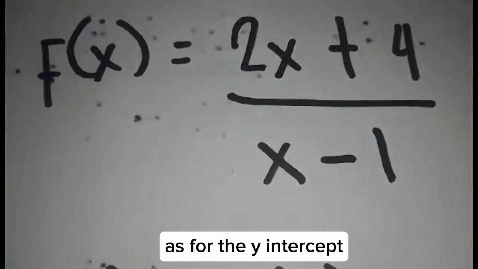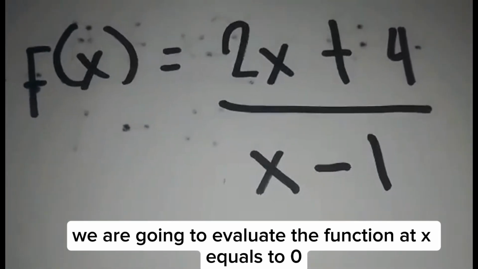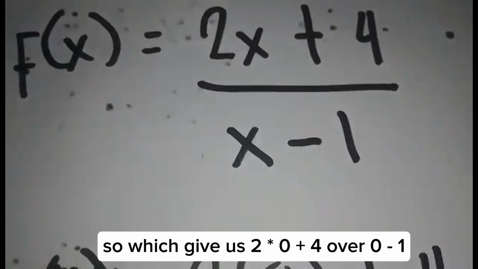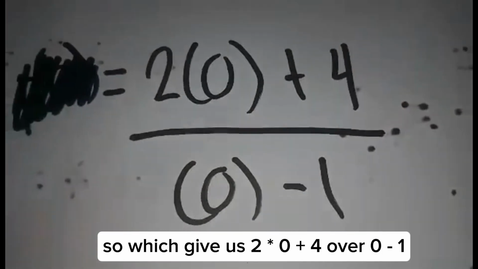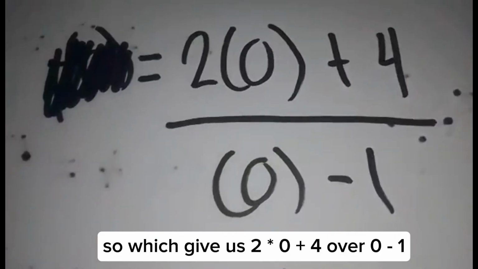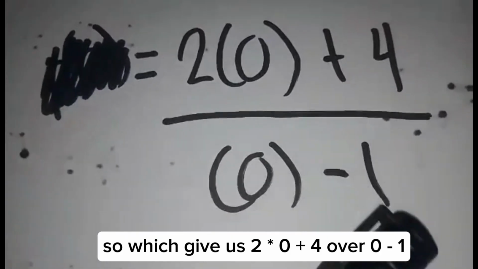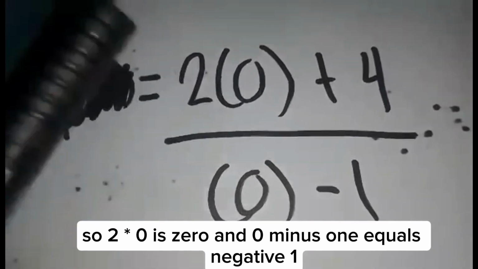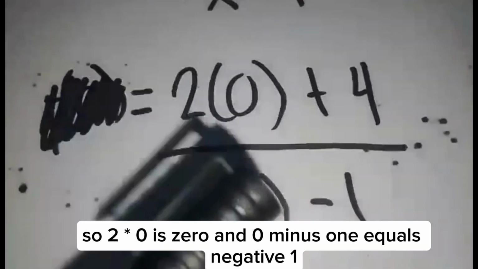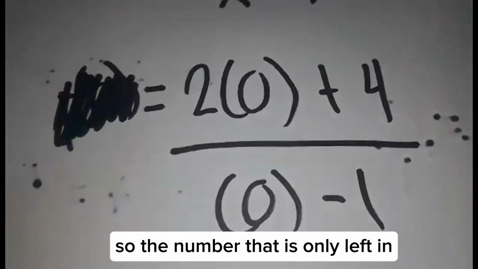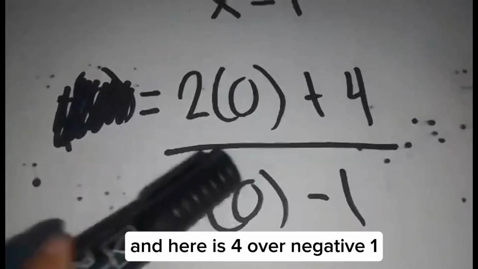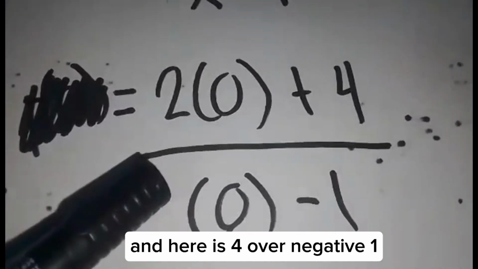As for the y-intercept, we are going to evaluate the function at x equals 0, which gives us 2 times 0 plus 4 over 0 minus 1. So 2 times 0 is 0, and 0 minus 1 equals negative 1. So the only thing left here is 4 over negative 1.